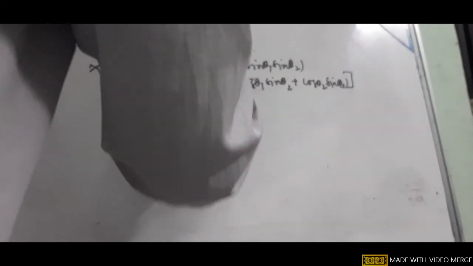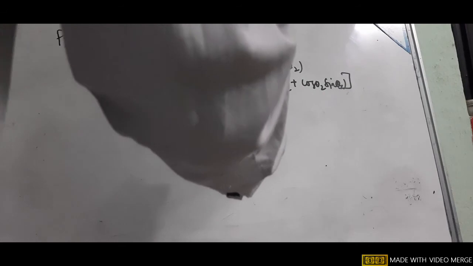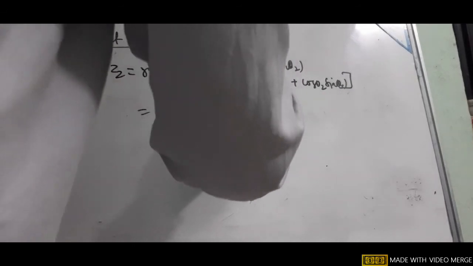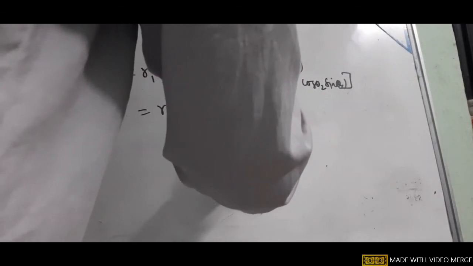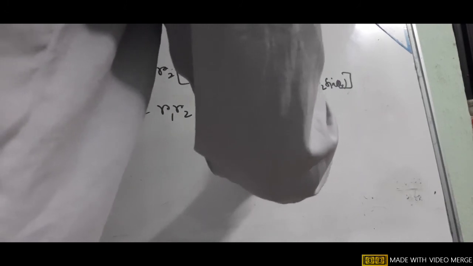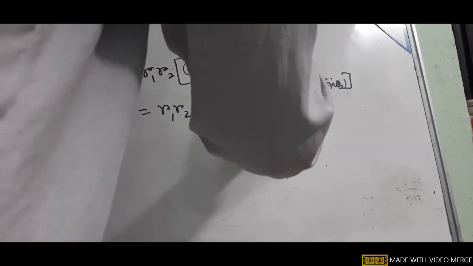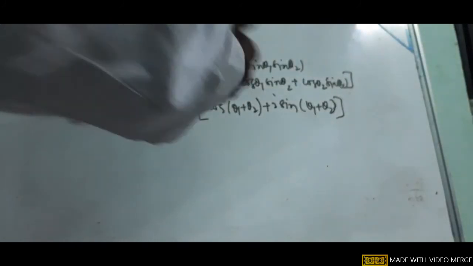This is cos A cos B minus sin A sin B, so it is cos of theta1 plus theta2, plus i sin A cos B plus cos A sin B, so sin of theta1 plus theta2.